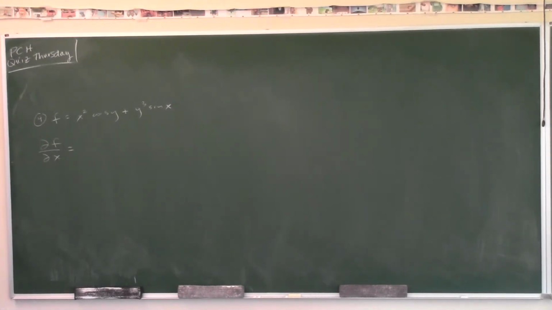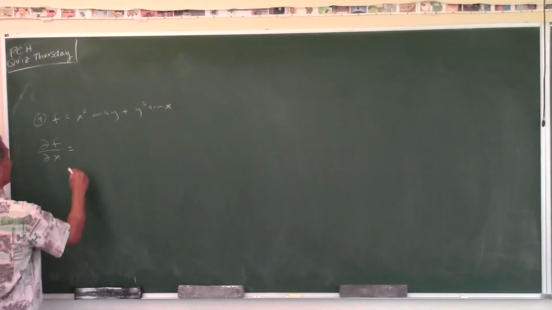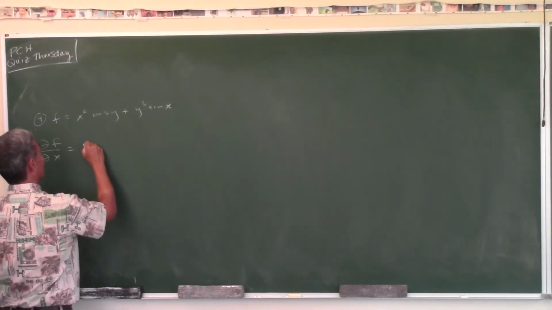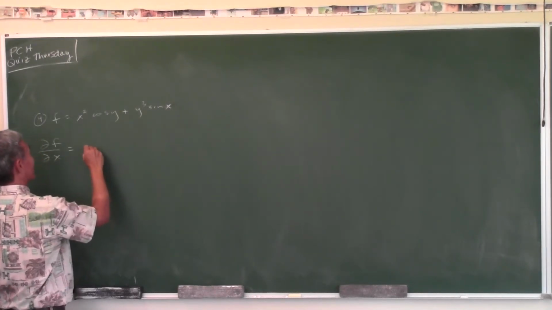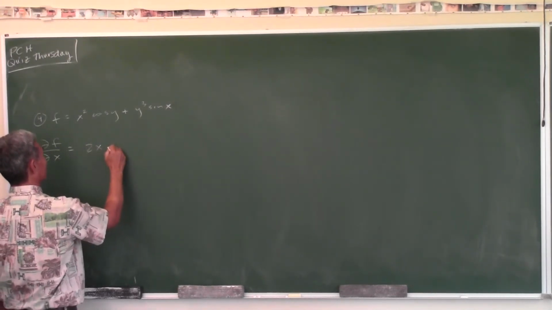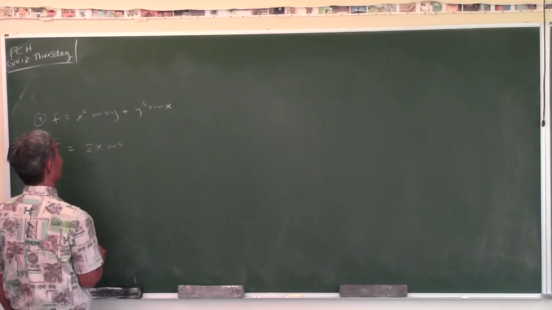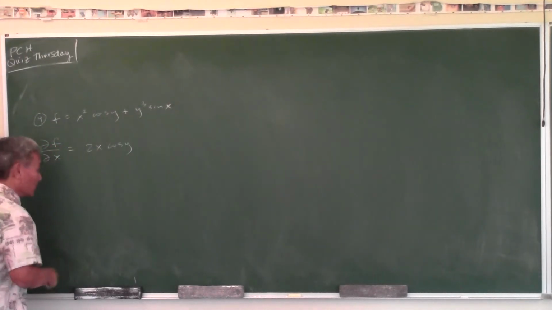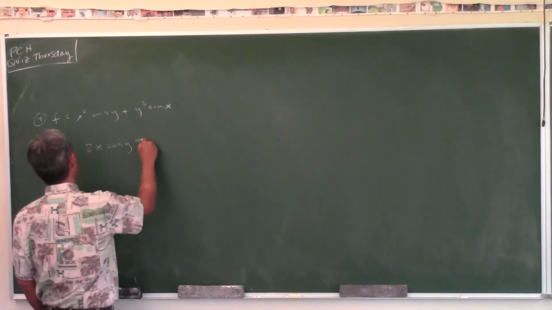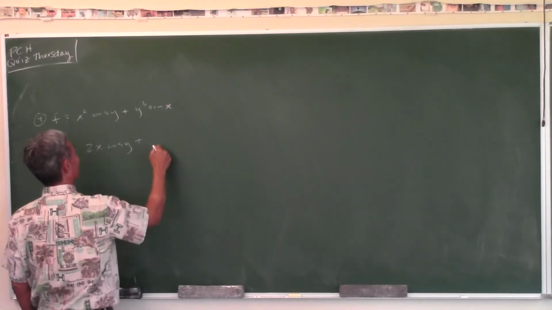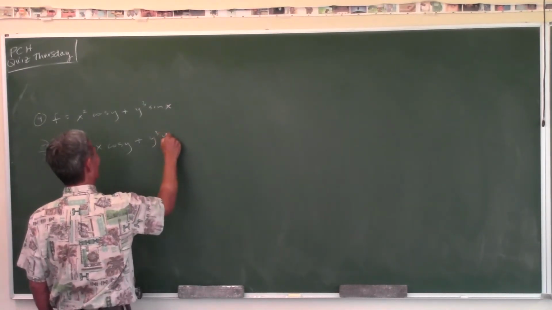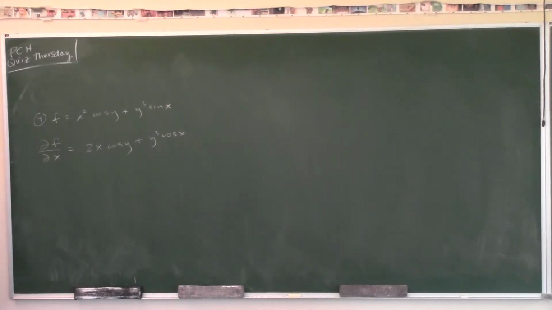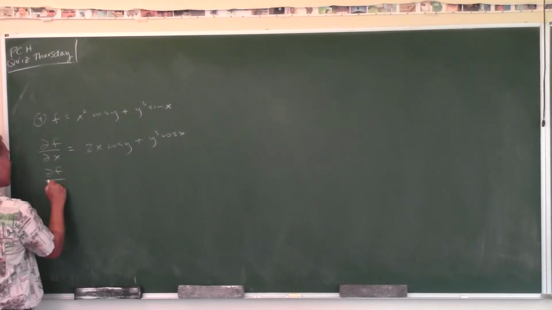This is like last night's homework. 2x cosine y plus y cubed cosine x. Did everybody agree with that? Yeah. Okay, what is the partial of f with respect to y?